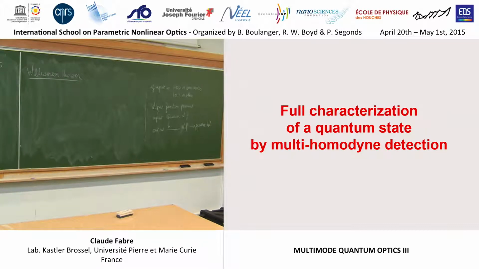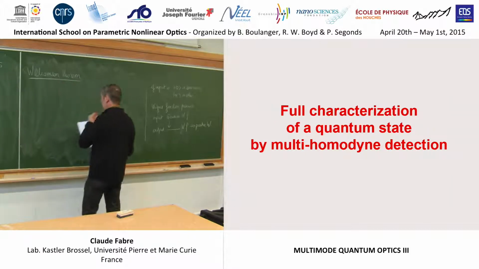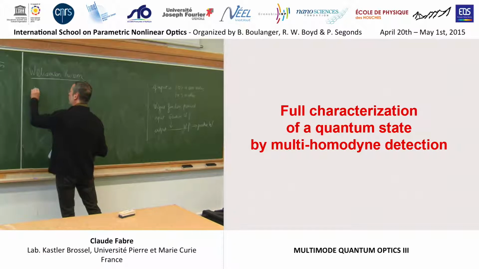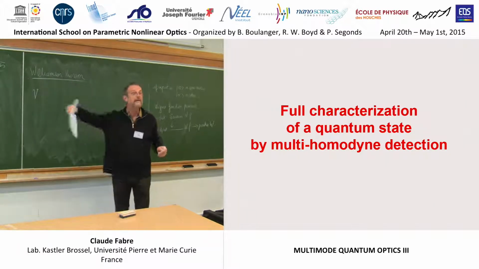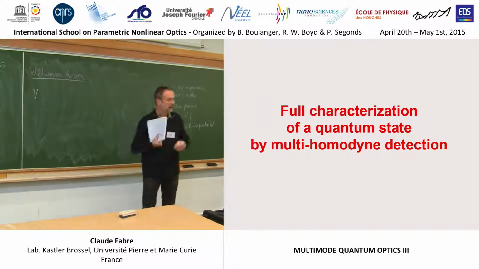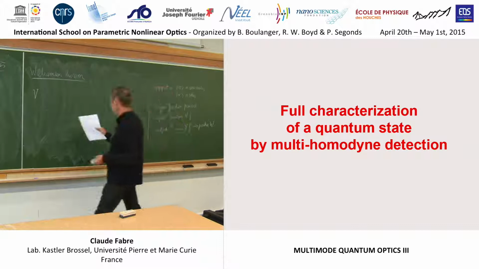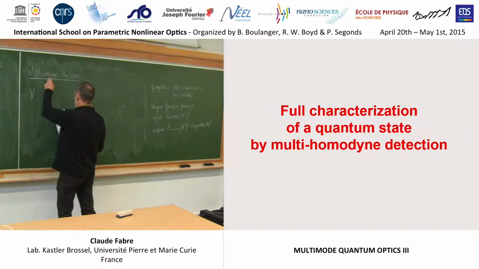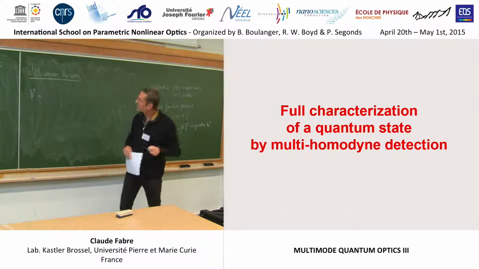Williamson theorem is a kind of diagonalization theorem for symplectic transformations on the covariance matrix. So you take a given covariance matrix V, which comes from a given processing of input fluctuations in a nonlinear crystal or nonlinear system. What mathematicians showed is that V can always be diagonalized in some way.